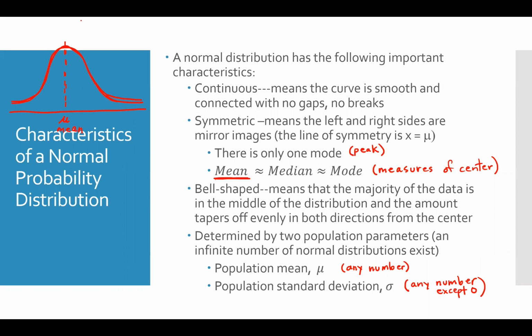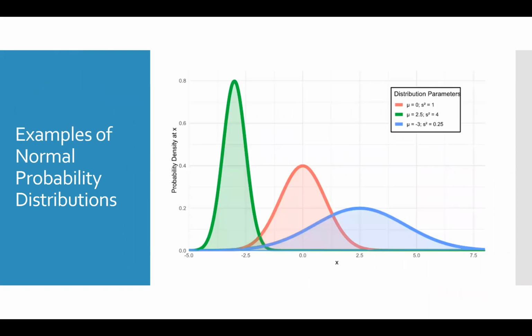I wanted to show that to you, so on the next slide, I have some examples. You have the green curve and you have the key over here to the side. On this green curve, you have a mean of 2.5 and a standard deviation of 2. But notice how it still has that bell shape.